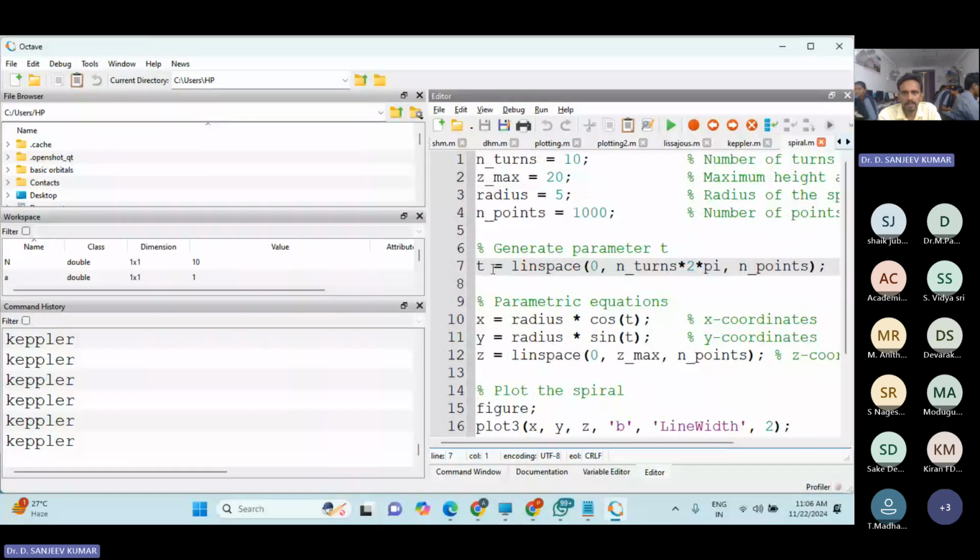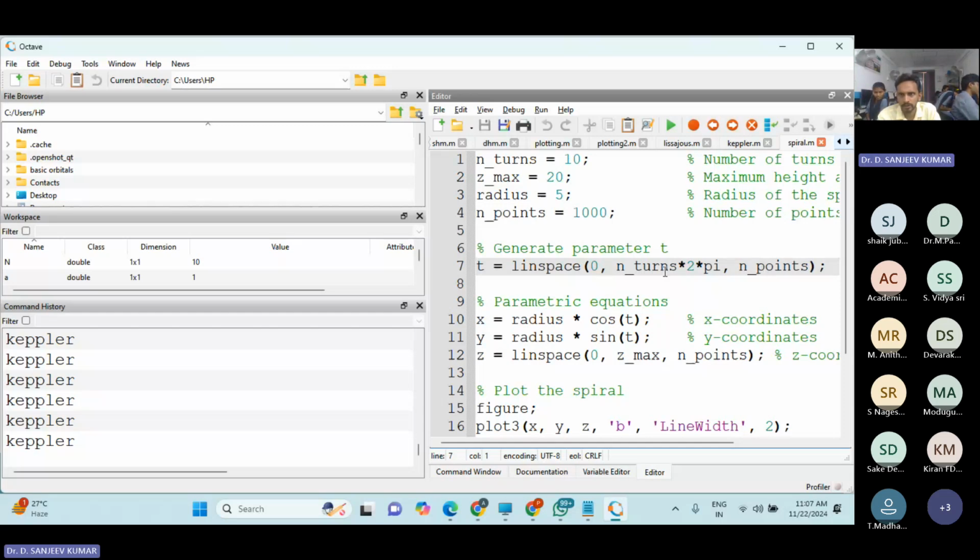So for theta, so theta value is now running from 0 to 2 pi n turns, 10 times. So it is running from 0 to 2 pi 10 times. So 0 to number of turns multiplied by 2 pi with a step size of number of points 1000.